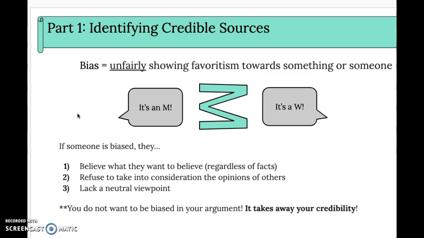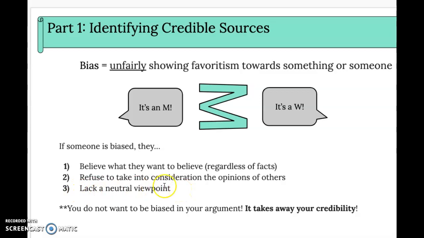If we think about a source that is unbiased, and a source that's biased, biased means it's unfairly showing favoritism towards something or someone. And so if it's biased, they want you to believe one side, regardless of the facts of both sides. And something that's biased also doesn't even consider the other side.